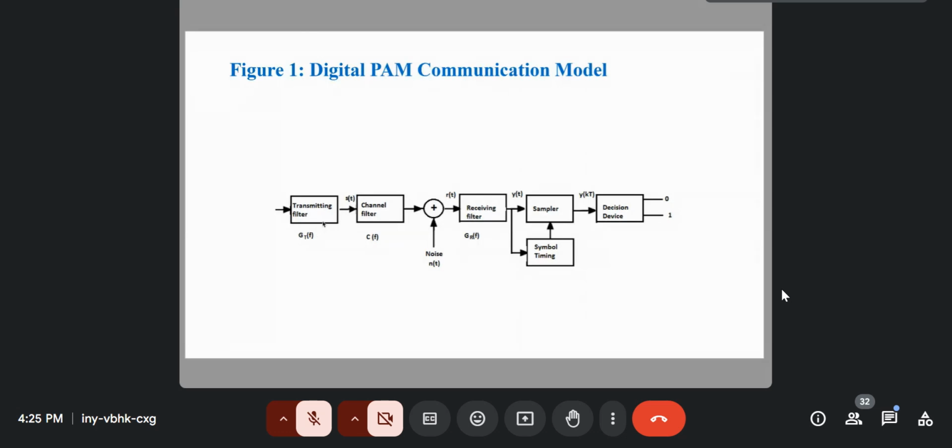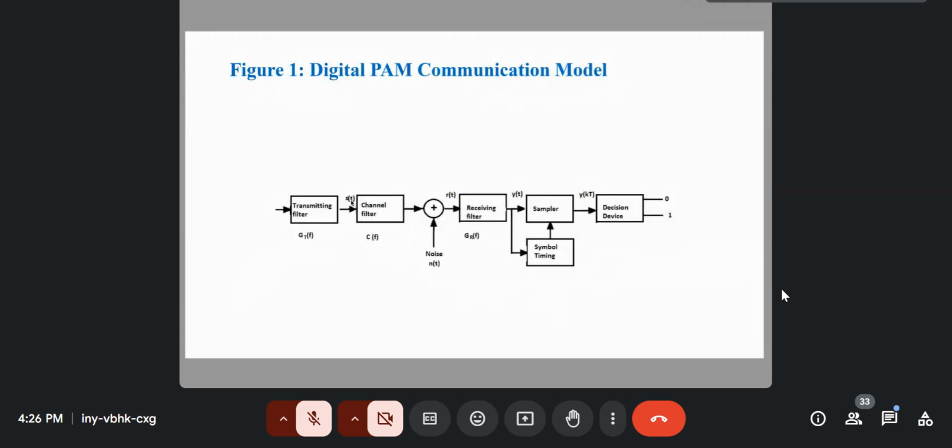We'll look at this again when you are doing the matched filter receiver and the correlation receiver. We are going to look at this again. So you have that. Then normally the signal which comes from it is conventionally called s(t).